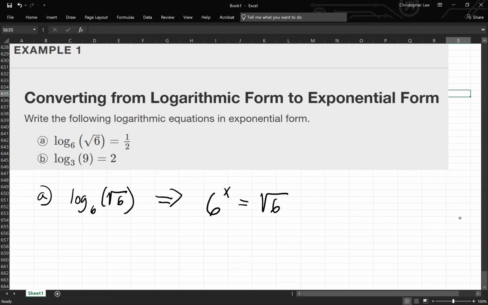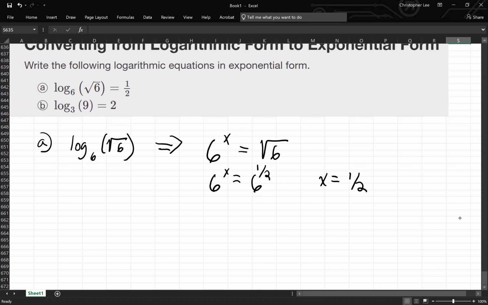We can rewrite that square root of 6: 6 to the x power is equal to 6 to the half power, then x equals a half. Not bad, right? Good.